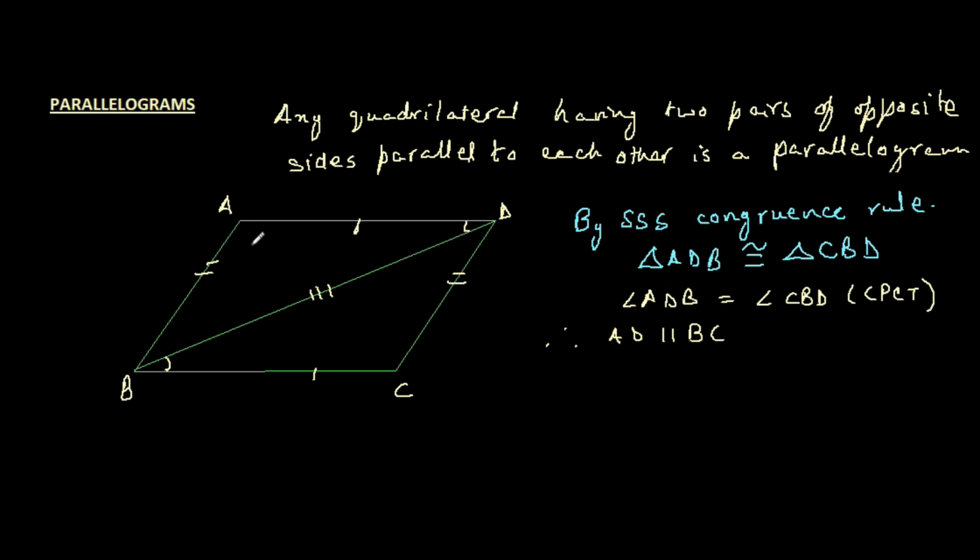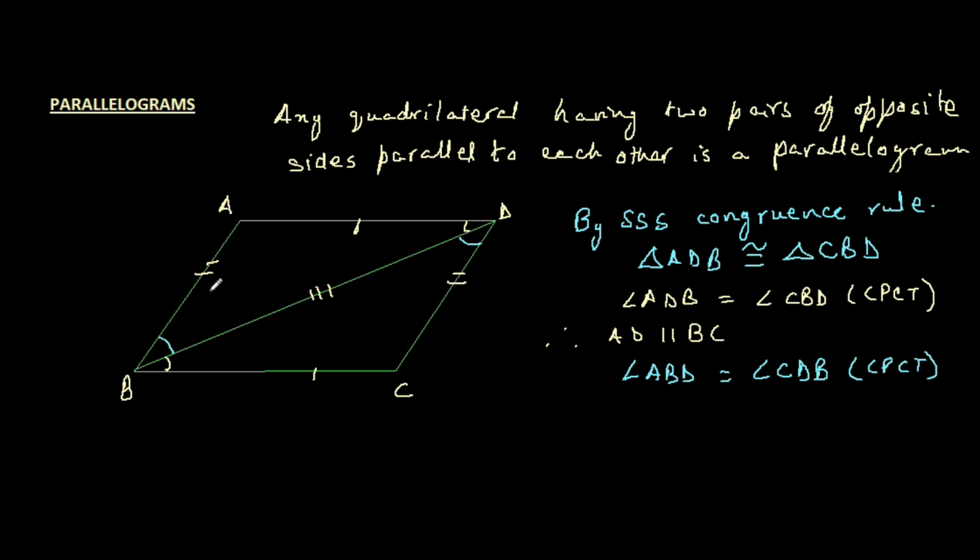Now we can also say that angle ABD, which happens to be this angle here, should be equal to angle CDB, which happens to be this angle here, again by CPCT.